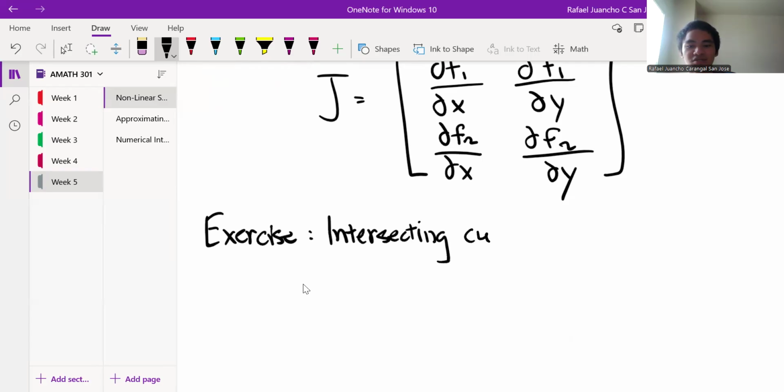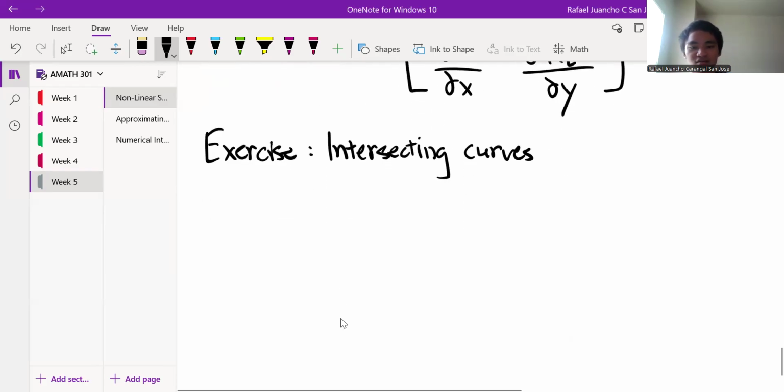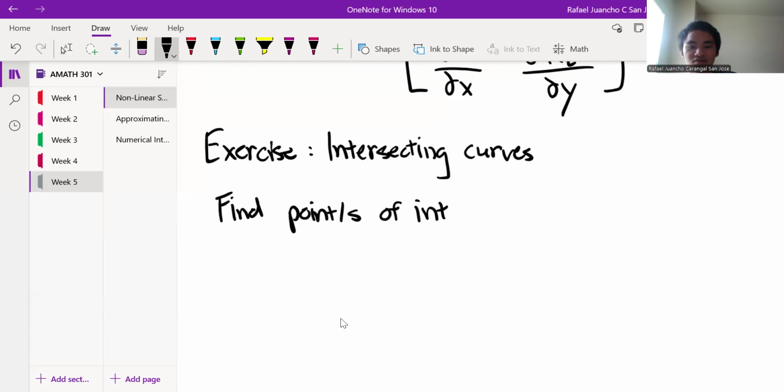And we're going to do this using the Newton-Raphson method. And so here we want to find points of intersection between a circle and a parabola. As simple as that. So find the point or points, we don't know how many, of intersection of some circle and some parabola.